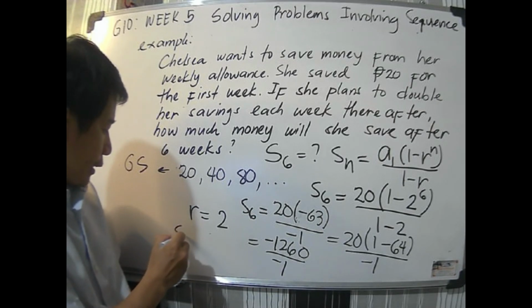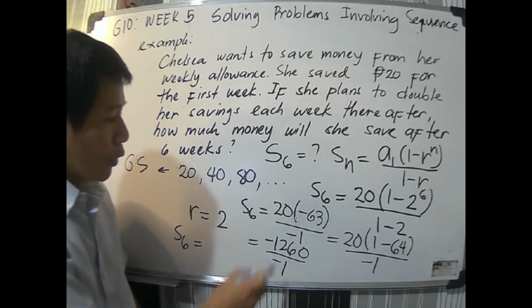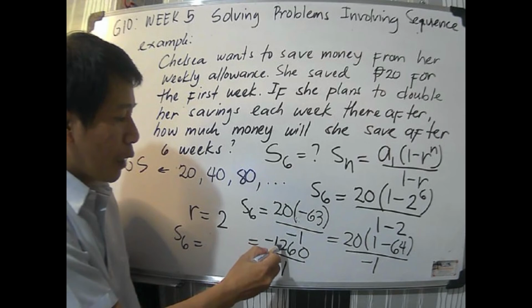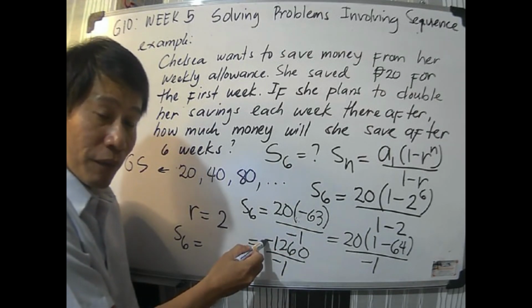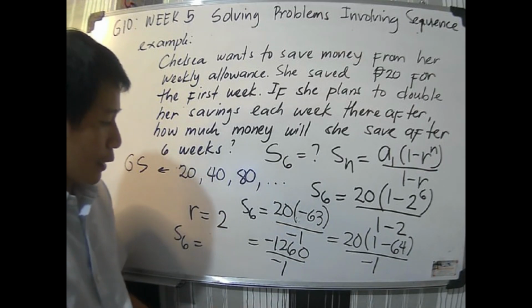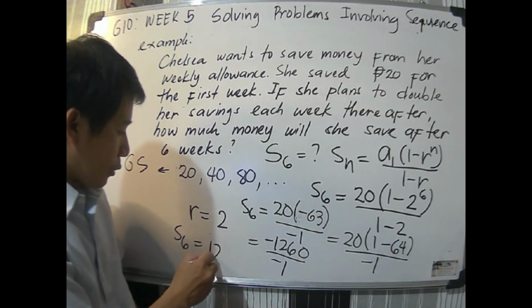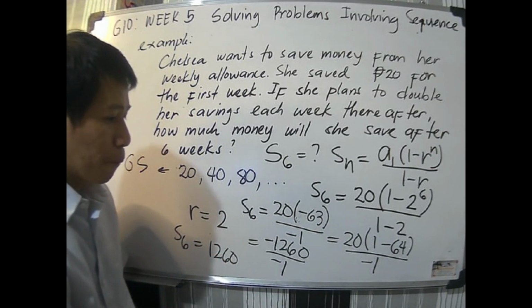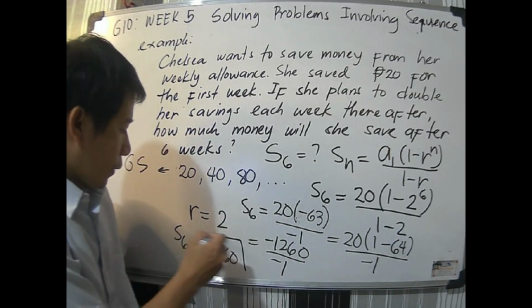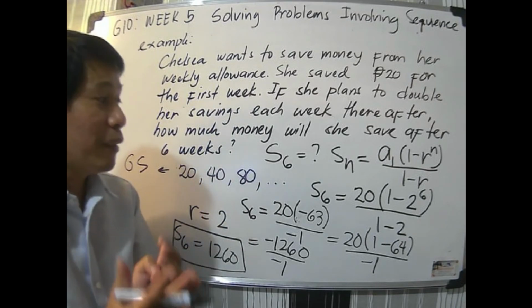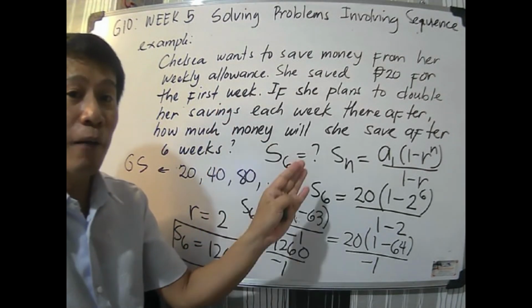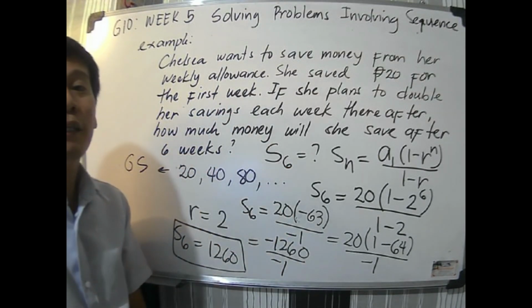So, our S sub 6 is equal to negative 1,260 divided by negative 1. So, we have negative divided by negative. The answer is positive 1,260. Right? And that will be the total savings Chelsea will have after 6 weeks.